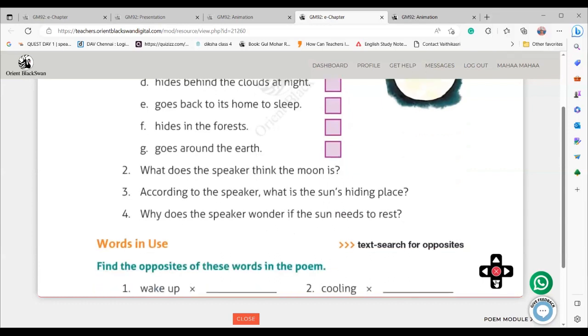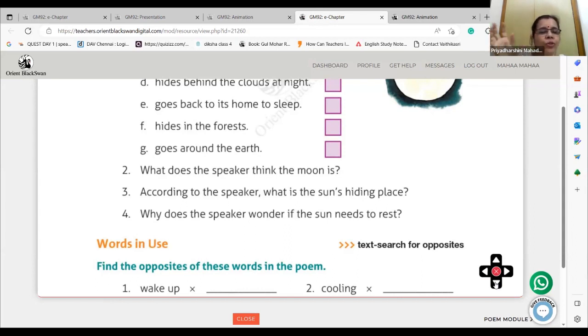Behind the hills. Why does the speaker wonder if the sun needs to rest? Why it needs rest, according to the speaker? Roaming around and around, ma'am.